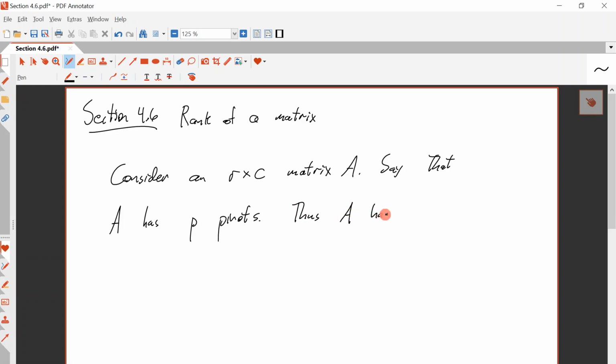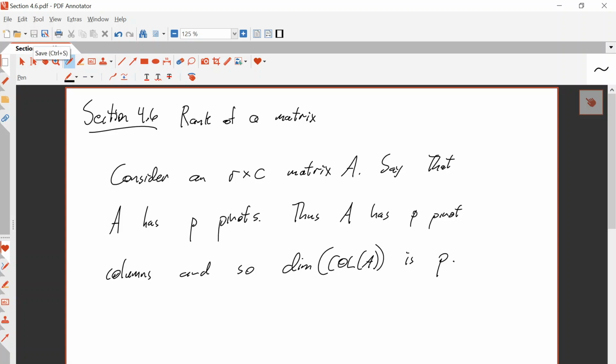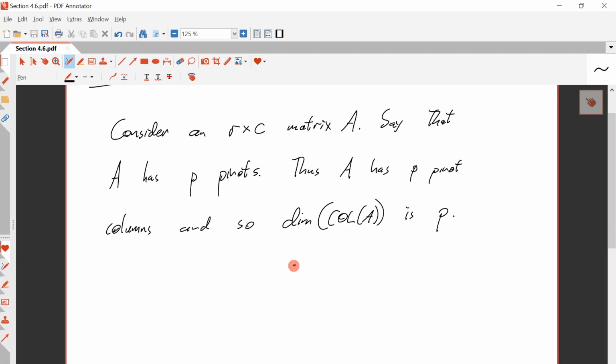Thus, A has P pivot columns, and so the dimension of the column space of A, like we've been discussing, is P, because it has a basis of P vectors. Okay, those pivot vectors.